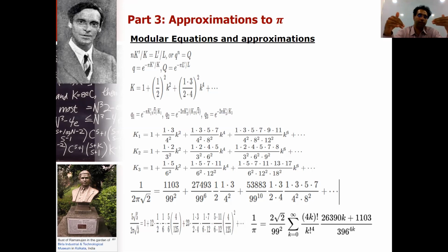Then you form a polynomial equation after that, and you express the solution to that polynomial equation through a combination of parameters and hypergeometric series. And once you plug in different values of the parameters, you'll be able to find the values that approximate pi. So this is the general path that he took.